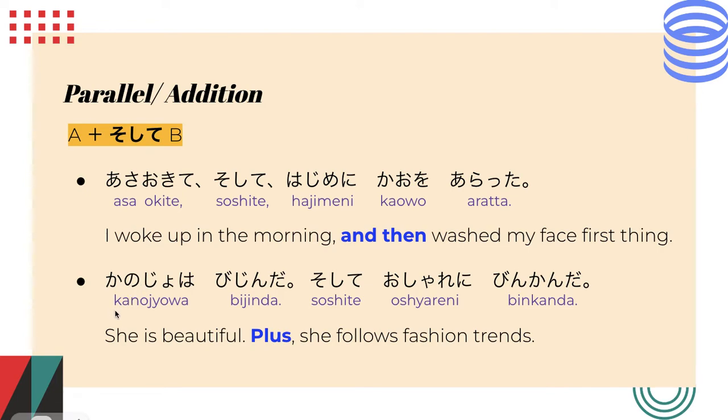To say this in Japanese, it would be 彼女は美人だ。そしておしゃれに敏感だ。Sentence A is 彼女は美人だ。She is beautiful. そして, plus sentence B おしゃれに敏感だ。She follows fashion trends.